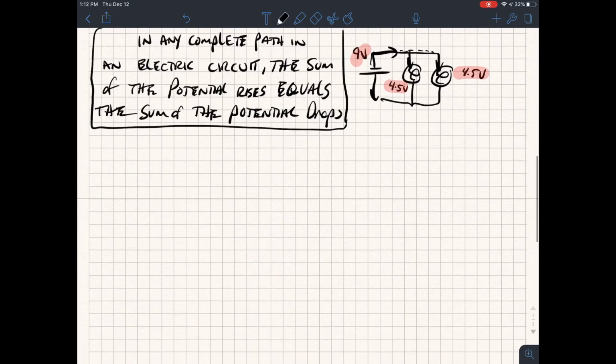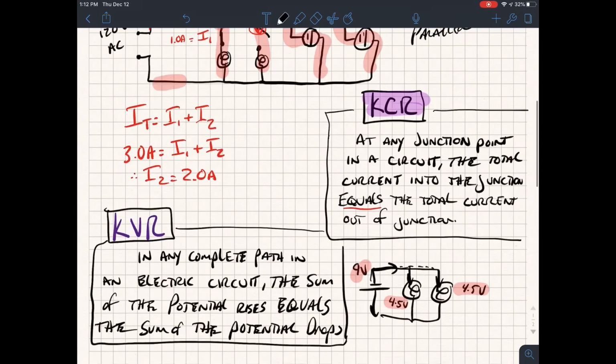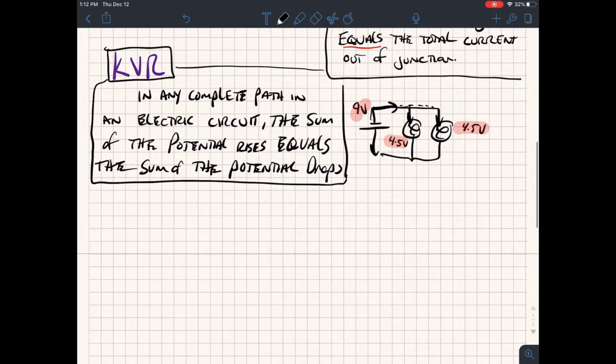If we were to draw that out in a bit of a mathematical way, we can say that the delta V total is equal to delta V1 plus delta V2, where this guy is delta V1, the first drop or the first usage of energy, and this guy can be delta V2.